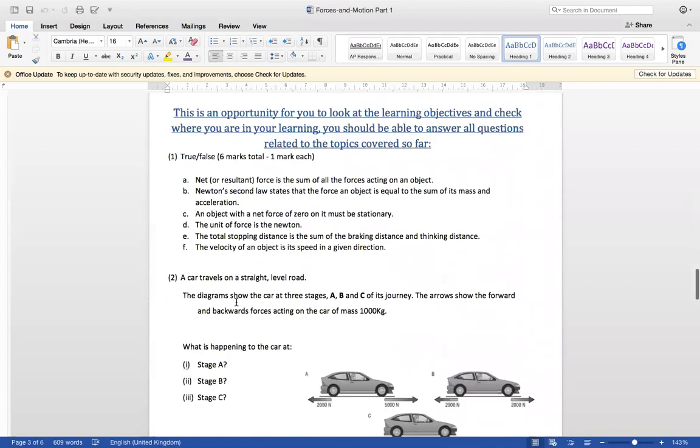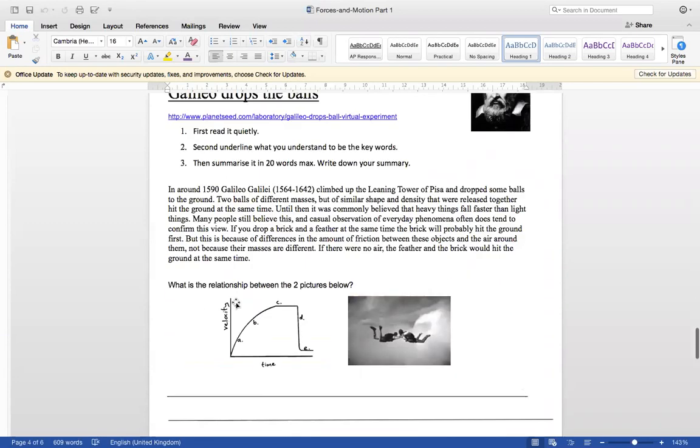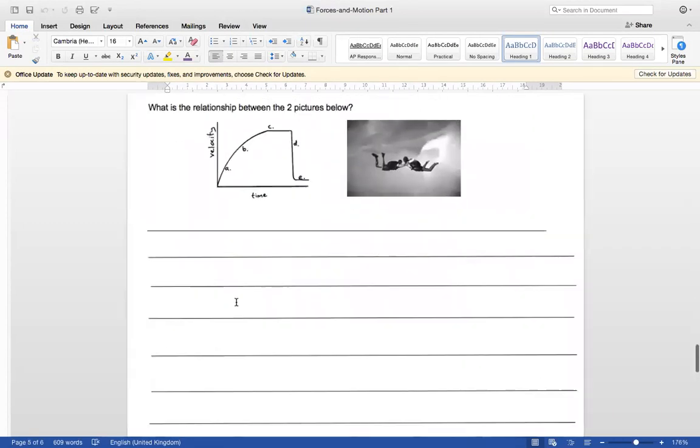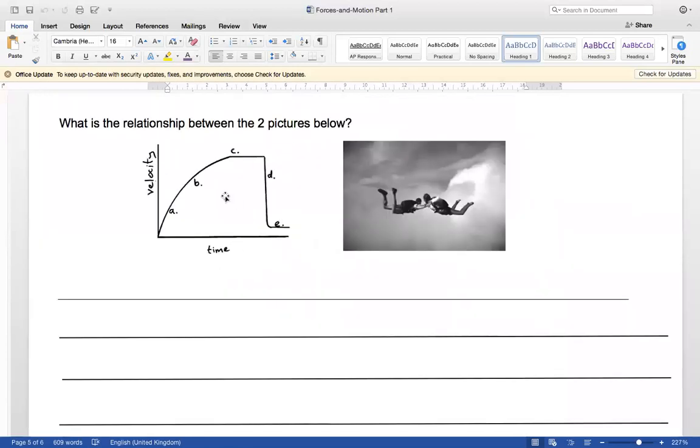Okay, and then I want to go to this one. I have two pictures below. This is the graph, and this is the skydivers. This graph basically represents the skydivers. If you see, at velocity A, B, and C, from A to C, the velocity is increasing.